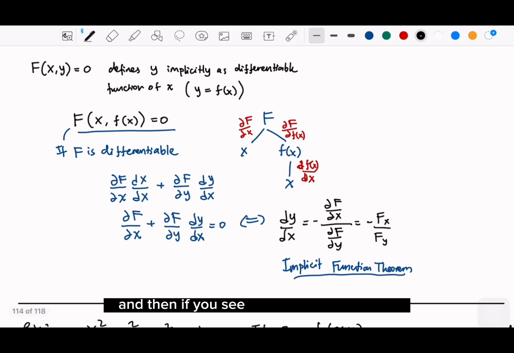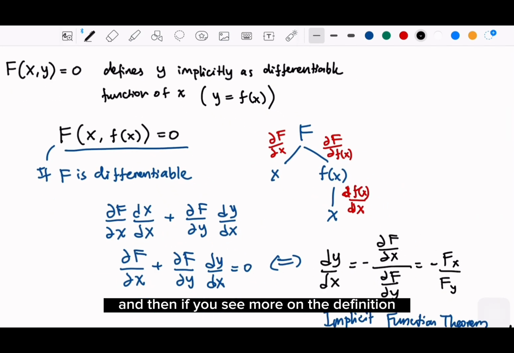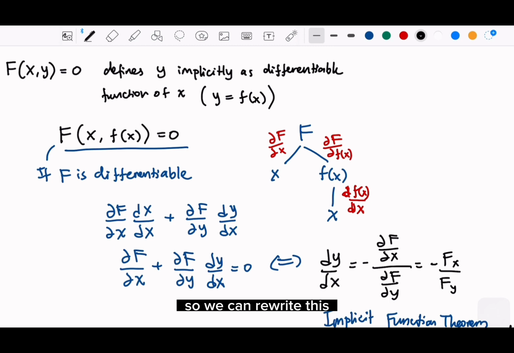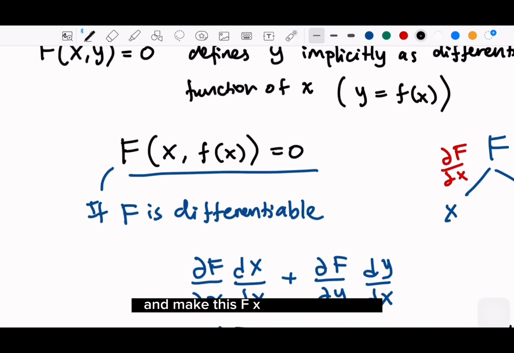If you see more on the definition, so if we take the function of two variables F(x, y) equals 0, we define y as implicitly differentiable because y is a function of x, so we can rewrite this as F(x, f(x)) equals 0, and the capital F function is differentiable.